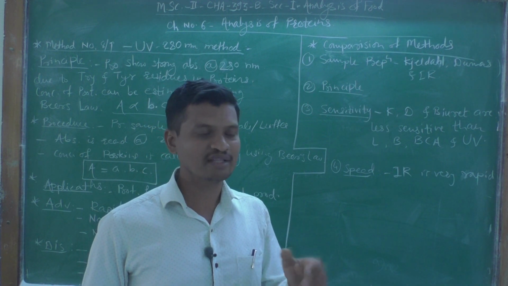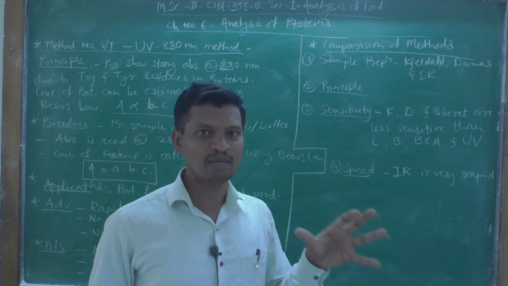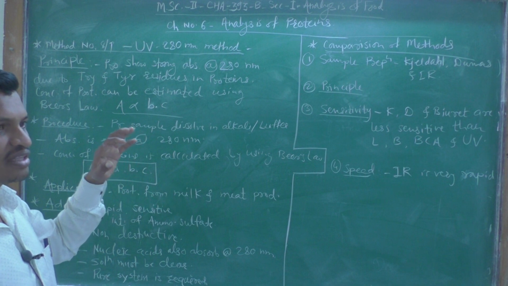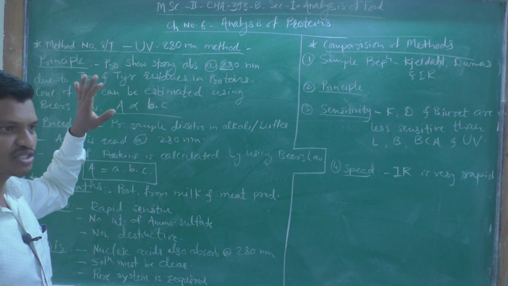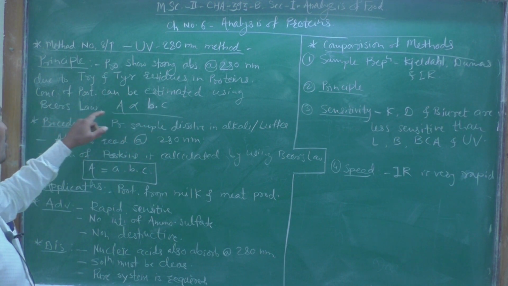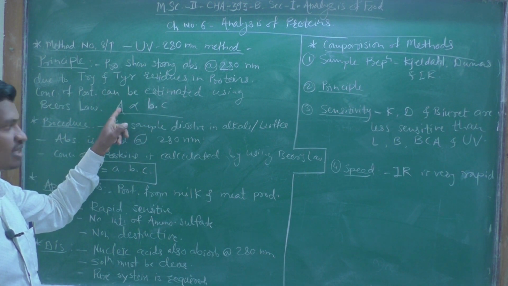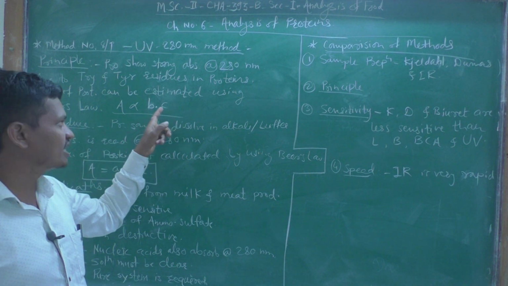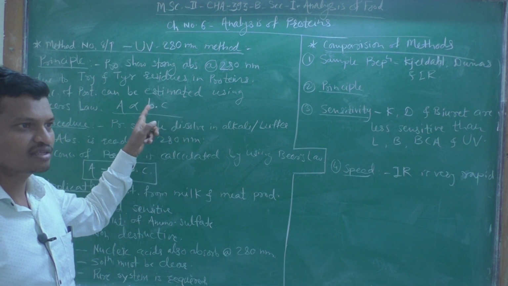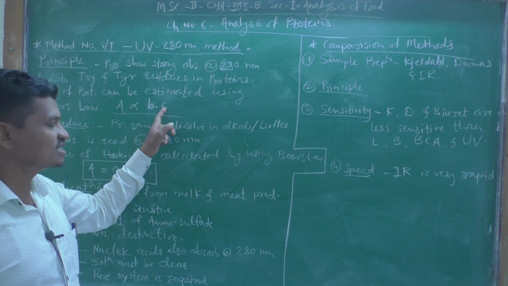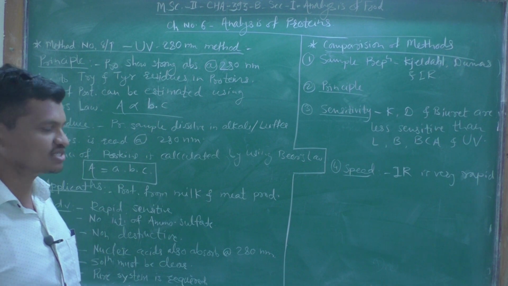We already studied the principle and theory behind this Lambert-Beer's law. So the basic theory behind this UV absorption is based on Lambert-Beer's law: absorbance is directly proportional to b into c, where b is the path length of the cuvette or sample holder, and c is the concentration of proteins.